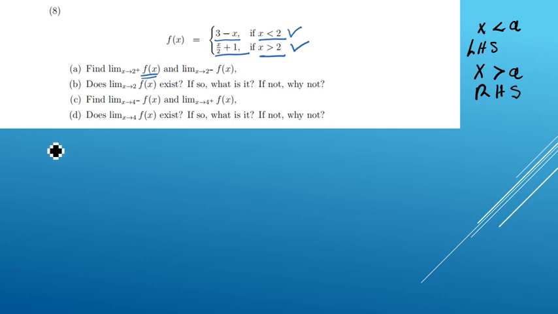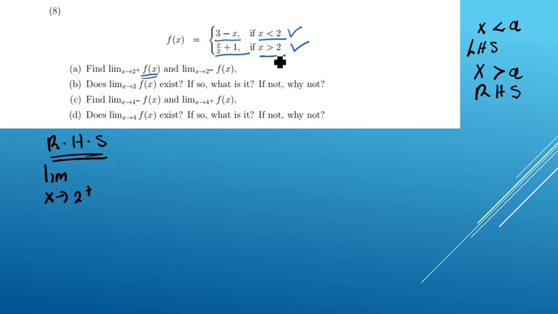So in this case, we will first of all deal with the right hand side limit. First of all, take the limit as x is approaching 2 from the right hand side.